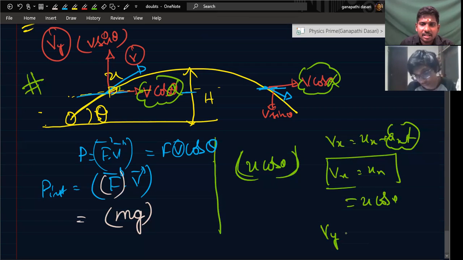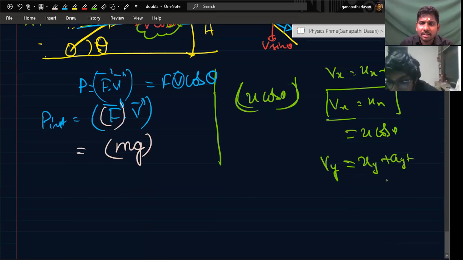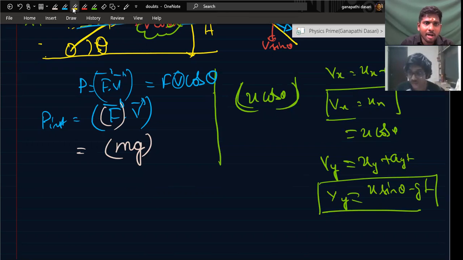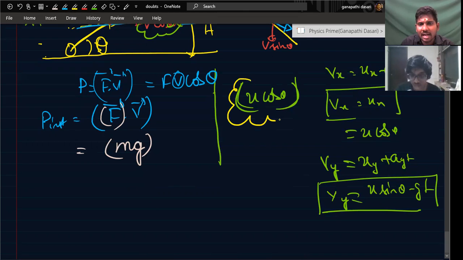Vy is equal to uy plus ay t, but here uy is u sin theta, so Vy is u sin theta minus gt. You remember this? But one point you remember here in this question: u cos theta will not change, but that u cos theta will be exactly perpendicular to this force, mg.